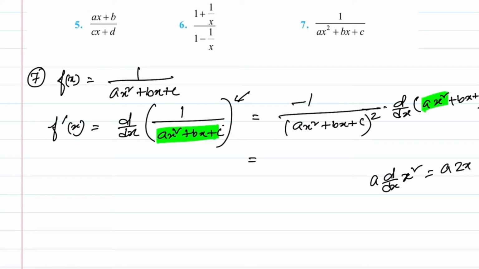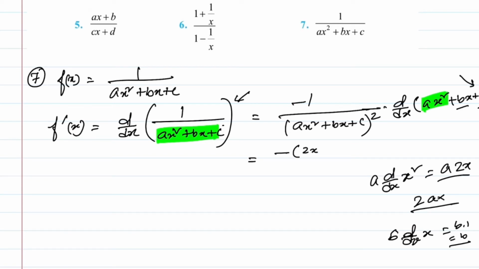The derivative of x square we know is twice x, so a into twice x means twice ax. Then the derivative of bx means b into the derivative of x, and the derivative of x is 1, so b into 1 is nothing but b. And the derivative of constant c is 0. That's why we will get 2ax plus b here.